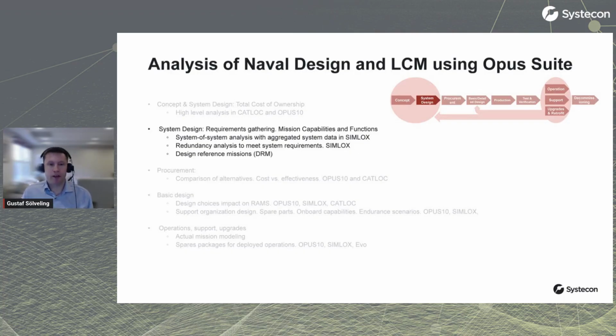The next phase we're going to look at is the system design phase. We picked some areas there, in this case requirements gathering, mission capabilities, and functions. One example is system of systems analysis, which we can use in any of our tools, but I would say our discrete event simulation tool, SimLox, is the best fit for this kind of analysis.